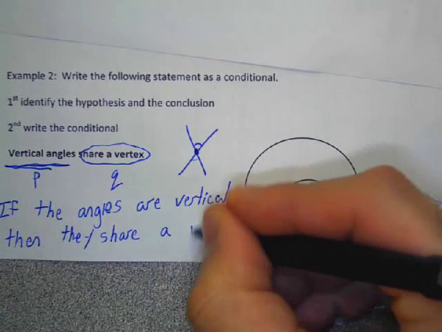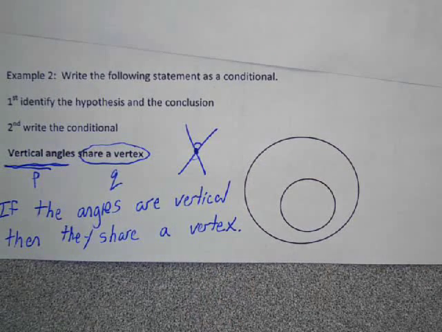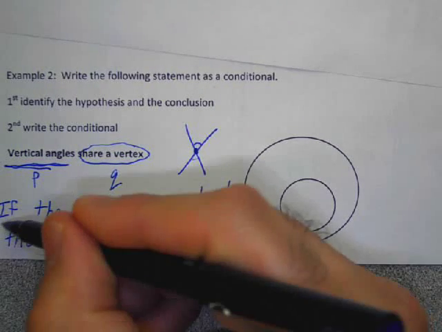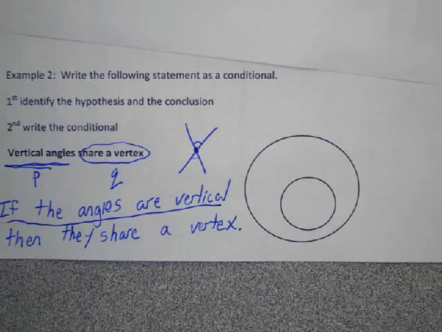If the angles are vertical, there's my hypothesis. Then they share a vertex, and there's my conclusion.